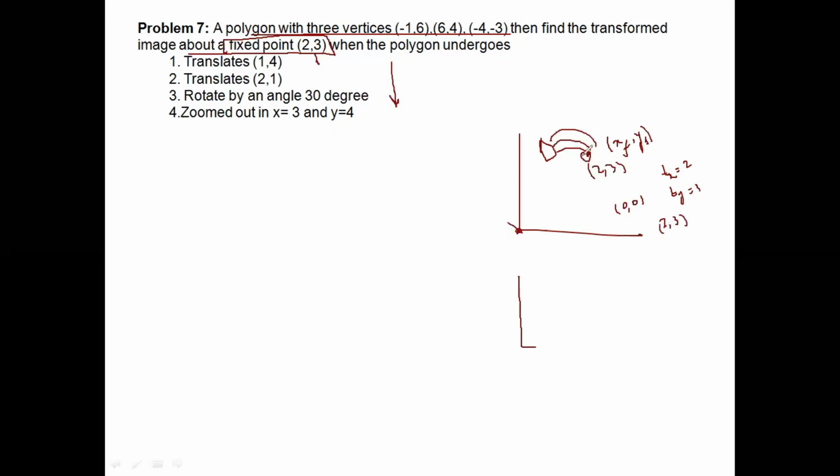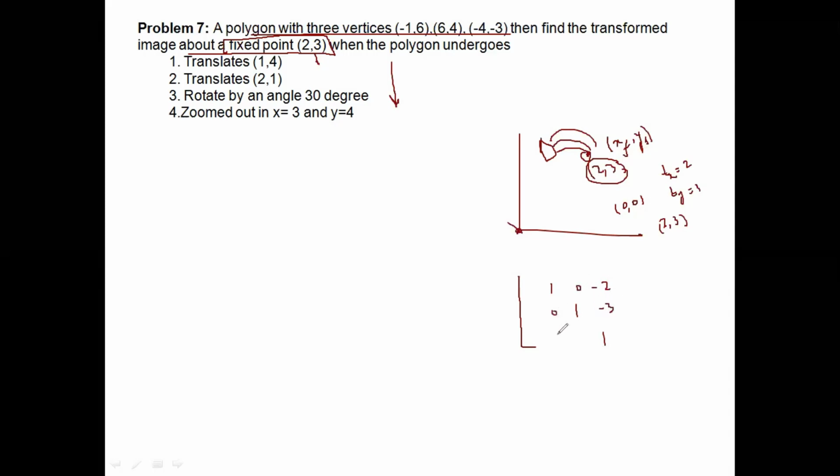Now we will bring this point back to the origin. If I do the inverse of the translation, then I can put this point back to the origin. So I'll do the inverse of the translation, that is minus tx, minus 2 and minus 3.